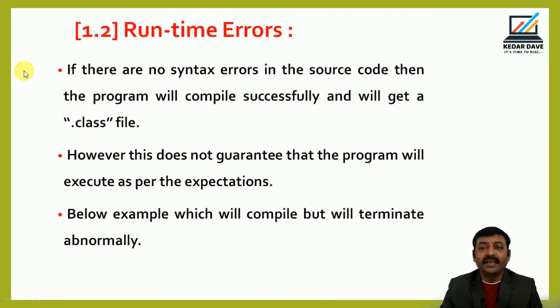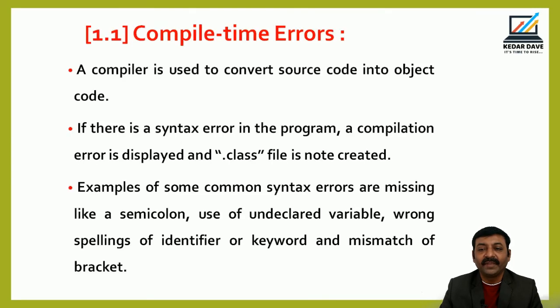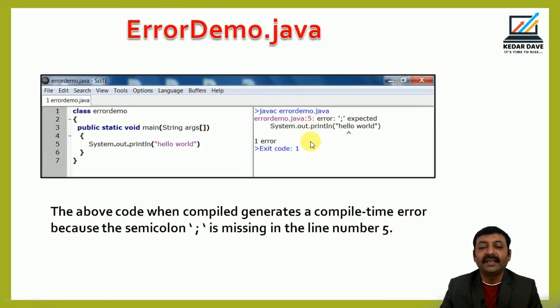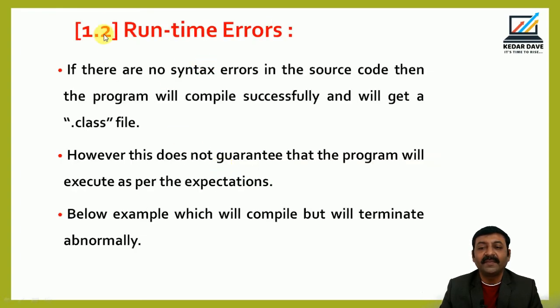After that, the second error type in Java programming is the runtime error. It is difficult for the programmer to find runtime errors. Syntax errors are very easy. They are displayed by the compiler and the programmer can easily identify and solve this type of error. But runtime errors are somehow difficult for the programmer to solve.